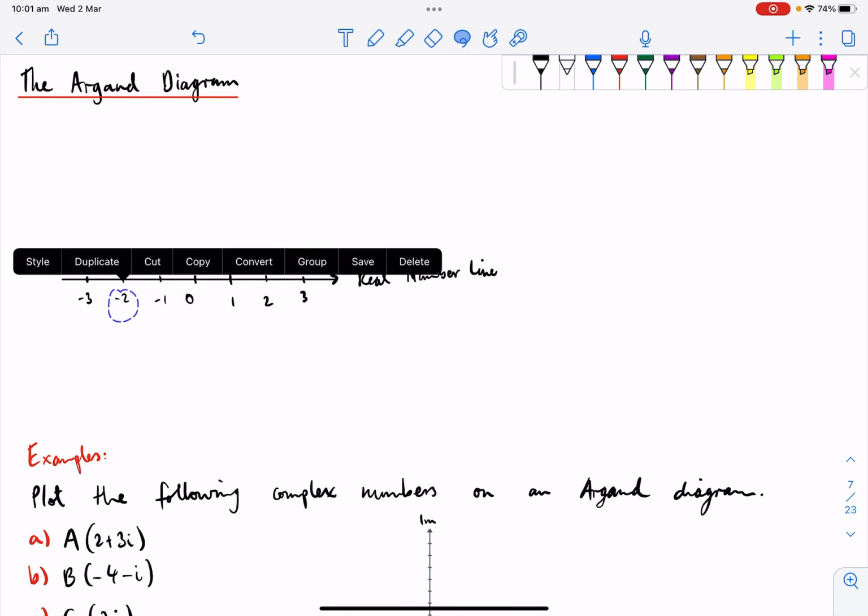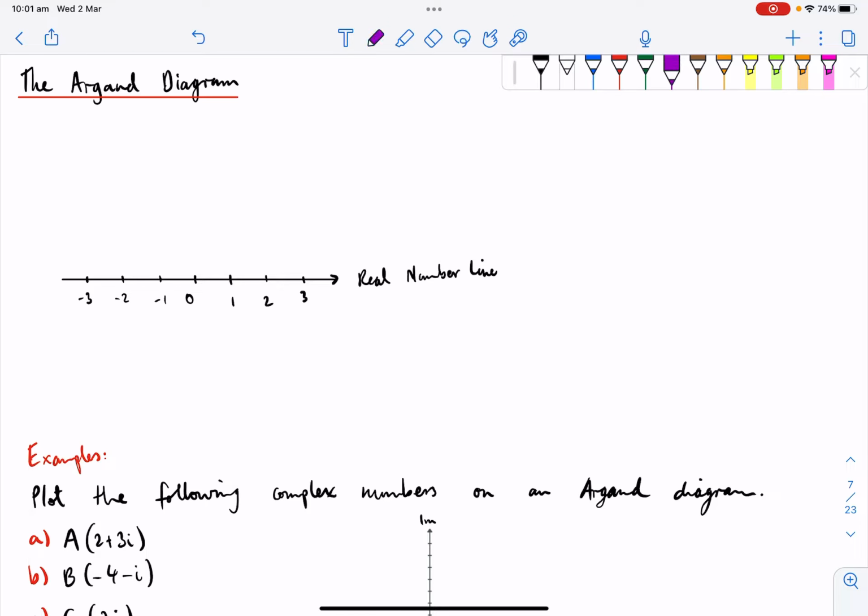He did so by observing the number line and decided, well, what if we add a new axis? So that's what I'm drawing here, a new axis, and we will call this axis the imaginary axis. Okay, so this here is the imaginary number line, or the imaginary axis, whatever you want to call it. So imaginary number line.